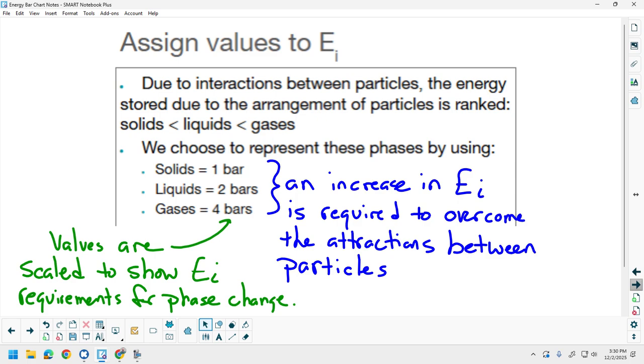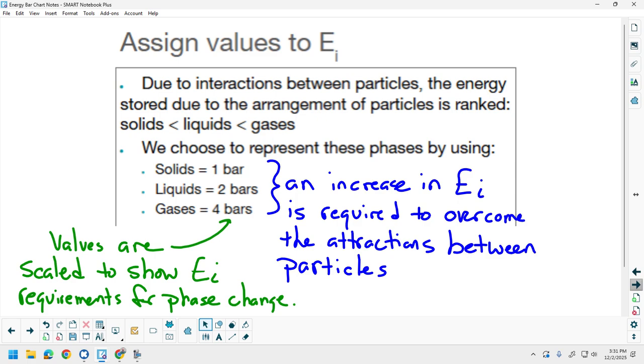So for our bar charts, and again, this is really more of a qualitative representation as opposed to quantitative, we simply choose to say, if we have a solid, that's going to be 1 bar of interaction energy. Liquids get 2 bars and gases get 4 bars. The values here are scaled to show the interaction energy requirements for the phase change, meaning it takes a certain amount of energy to transition a substance from solid to liquid, but it takes more energy to transition a substance from liquid to gas.